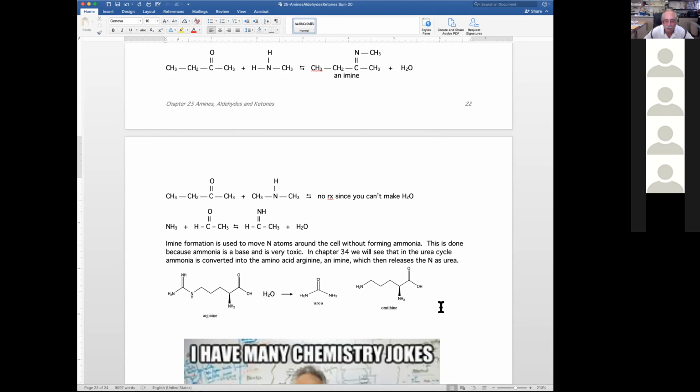So the chemical reactions that we're going through have applications in metabolism. That's why we're doing it. If they don't have applications, except for in the test tube, then we're not covering them.